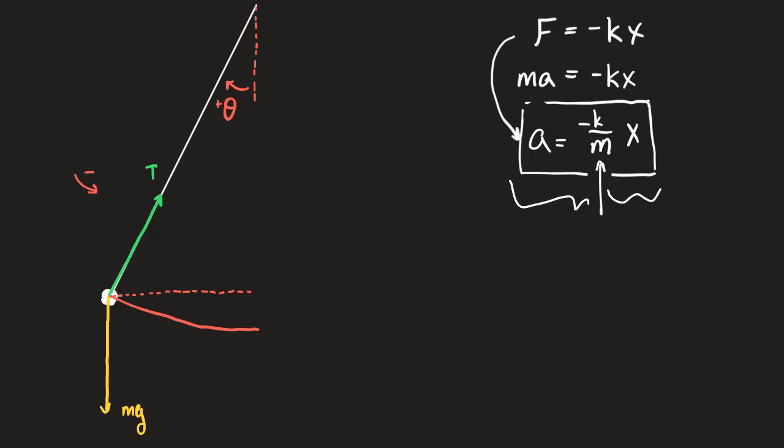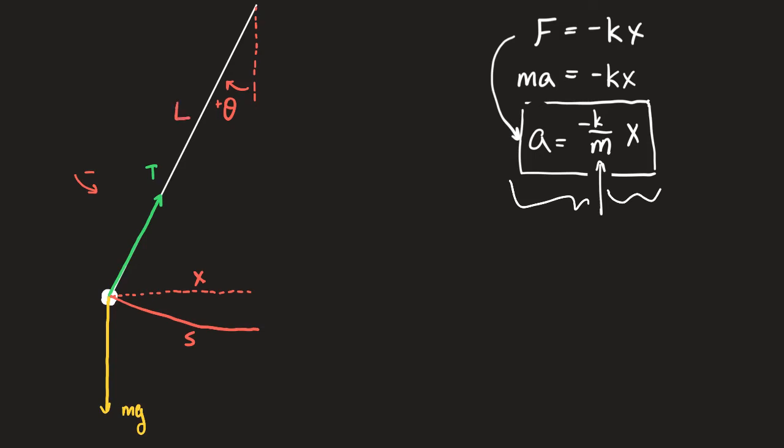This part's actually really important. So before we go on from this, I'm going to label this curved path S because it's an arc length. And I'm going to label this dotted line path X because it's the straight line distance. Is that okay? Now, here's why this is important.